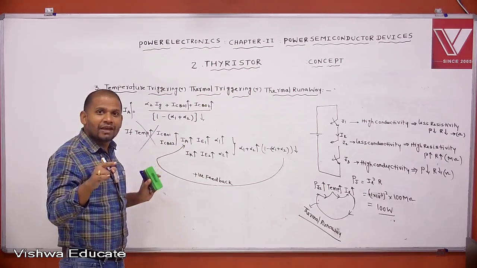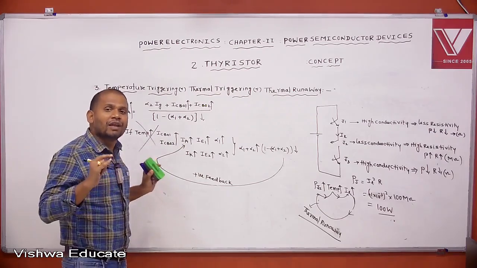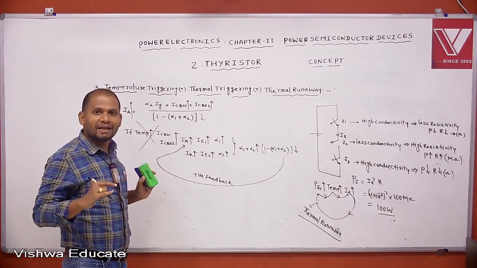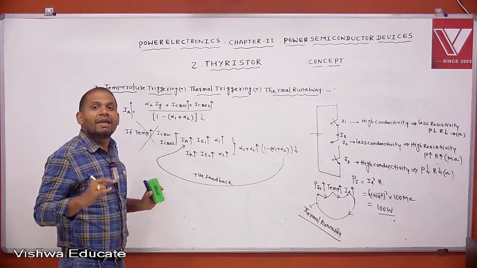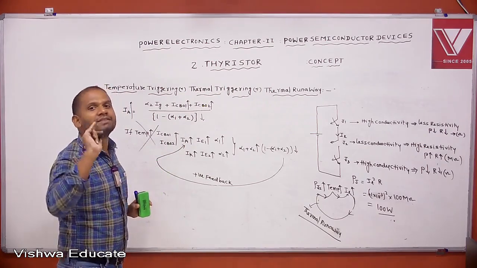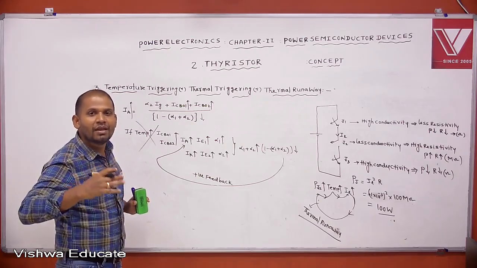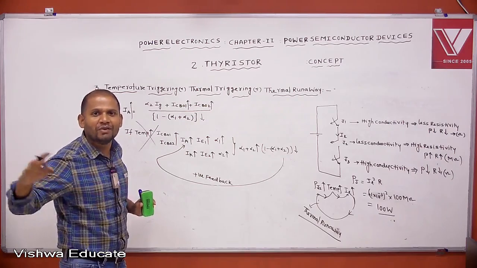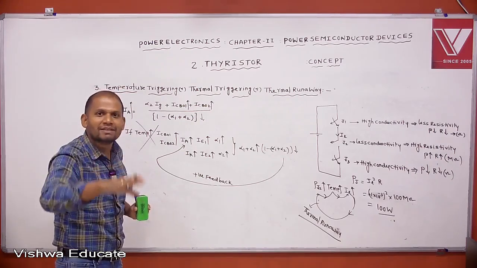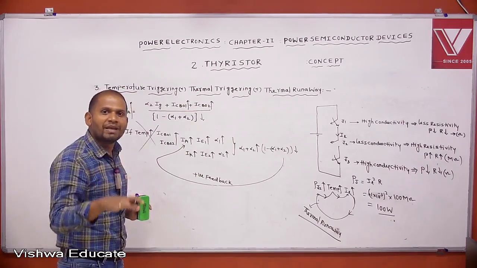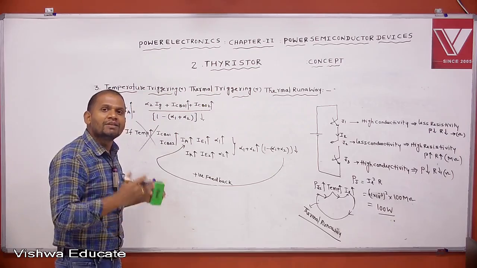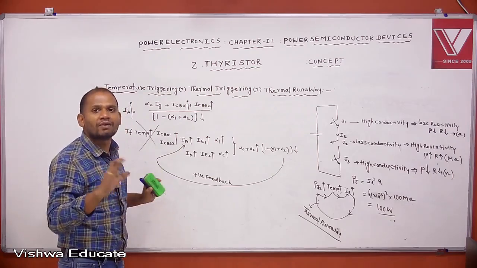In order to eliminate temperature triggering or thermal runaway, SCRs are mounted on heat sinks in order to dissipate the heat. Once the heat is dissipated into the environment, the temperature rise is limited. When the temperature rise is limited, there is no increase of the current, and the SCR will not turn on.